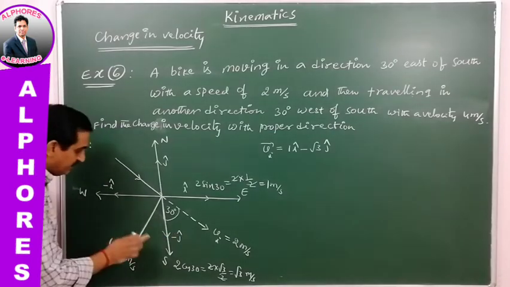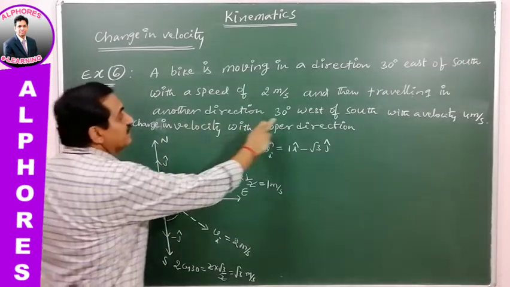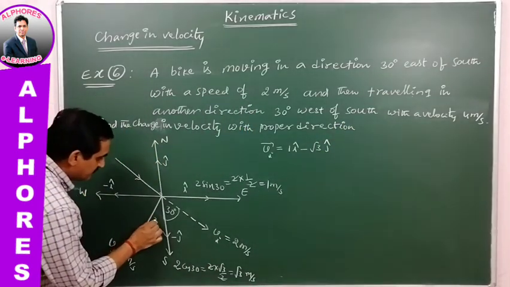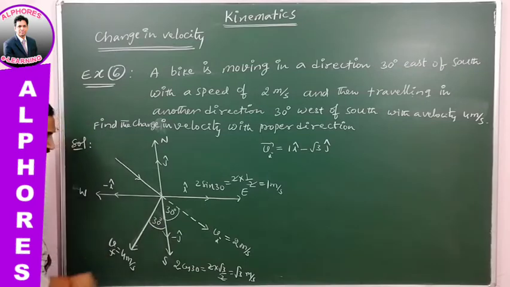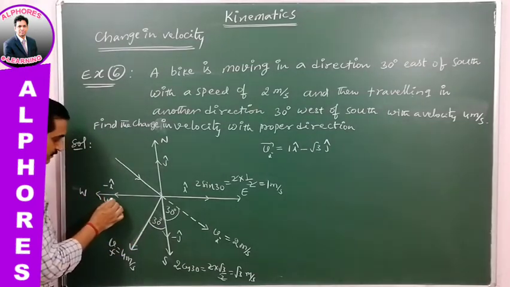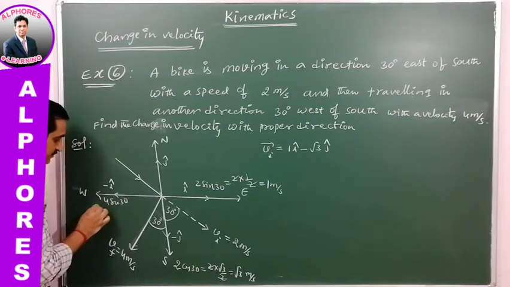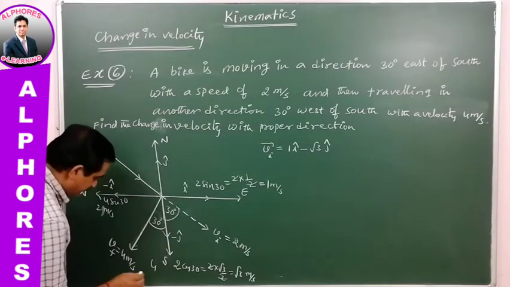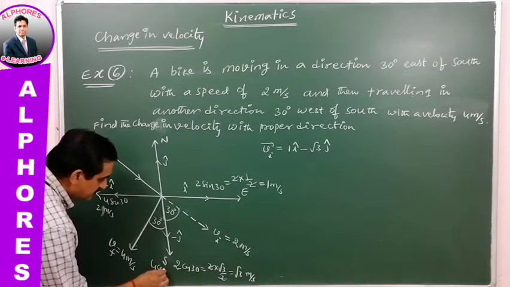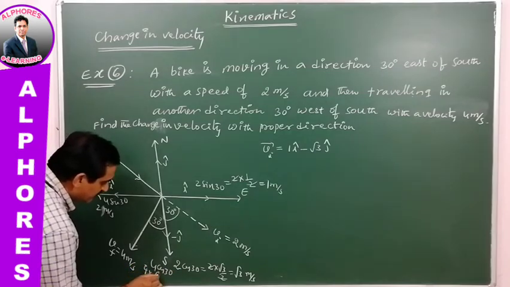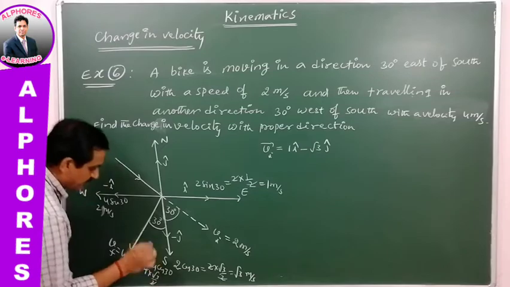Now this is given clearly 30 degree west of south. Now resolve this one. So toward this side 4 sine 30 which gives 2 meter per second. This side 4 cos 30 which gives 4 into root 3 by 2, 2 root 3.